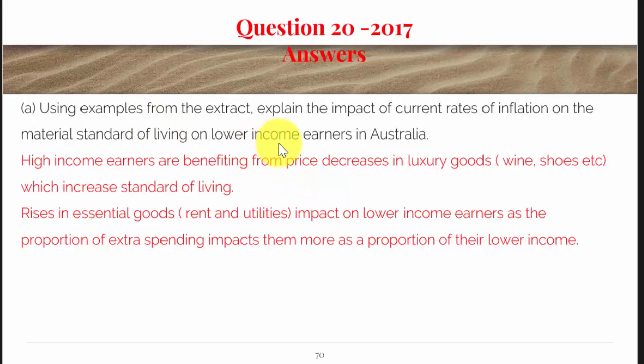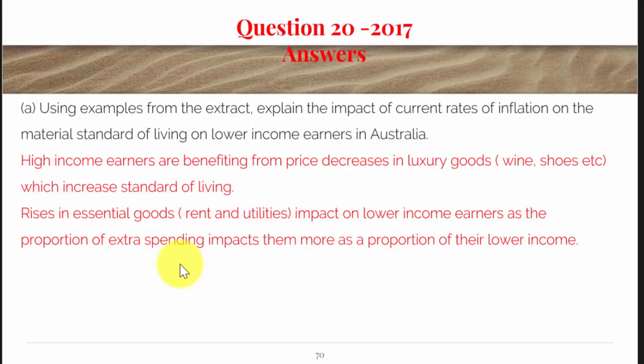So using examples from the extract, explain the impact of current rates of inflation on the material living standards of low income earners in Australia. So it talked about the fact that luxury goods went down in price, and essential goods, for example rent, utilities in terms of water and power, have gone up, and they're going to impact lower income earners more because if there's an increase in spend in a power bill of $100, that is a bigger proportion of the income of a lower income earner as opposed to a person that earns more money.